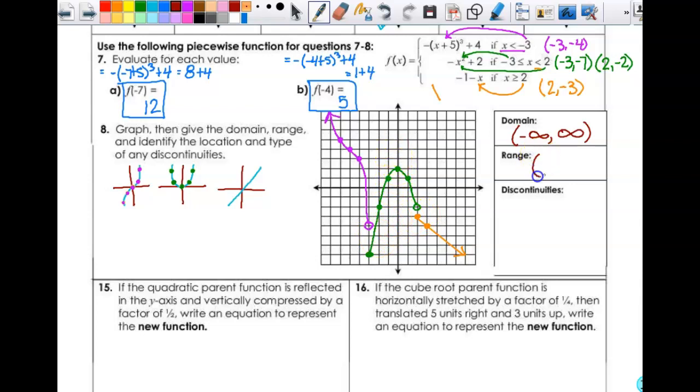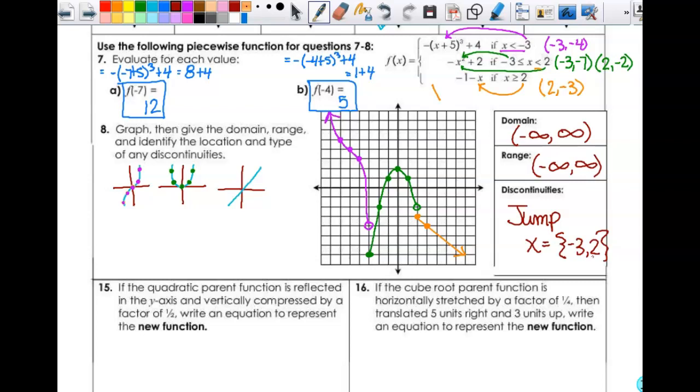They are all the way from -infinity to infinity. I have 2 discontinuities. They are both jump. So I have the jump discontinuities at x equals -3 and +2. All right.